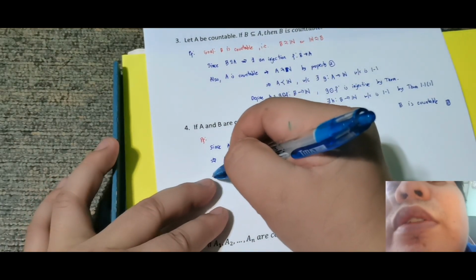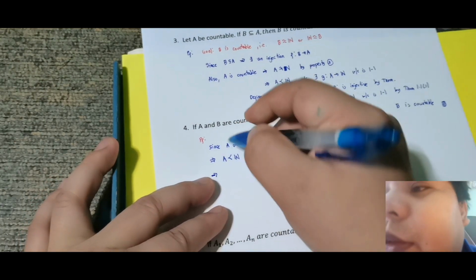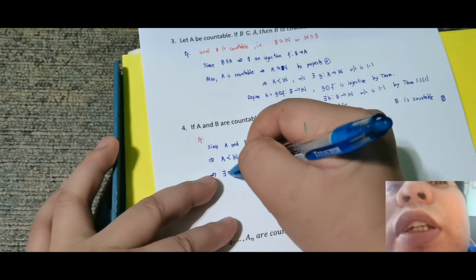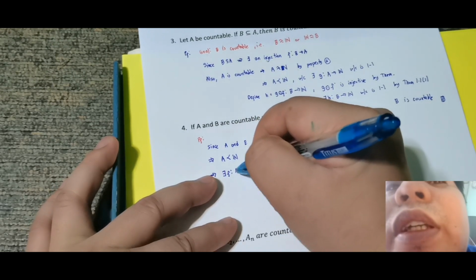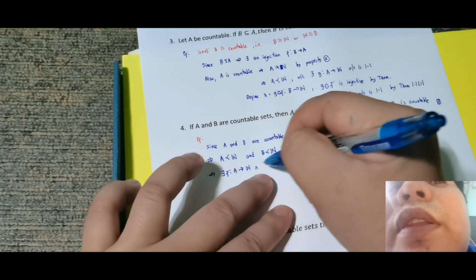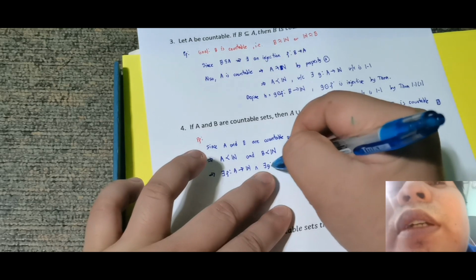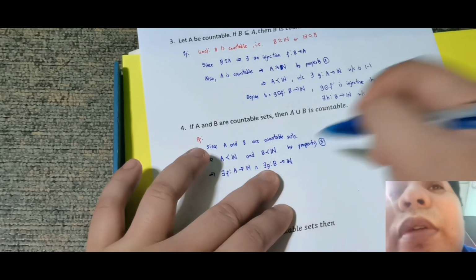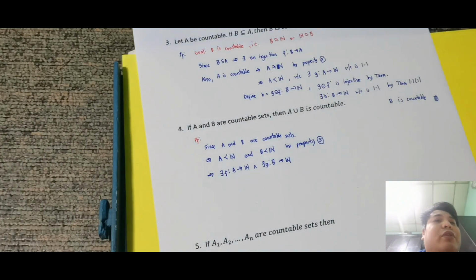So there exists a function F mapping from A going to natural number, and there exists a function G mapping from B going to natural number. So ito hindi natin pwede i-compose.